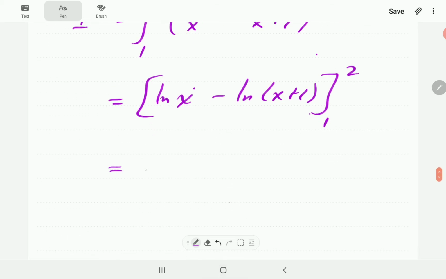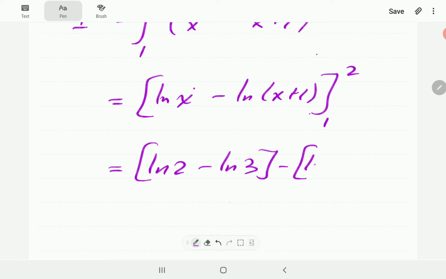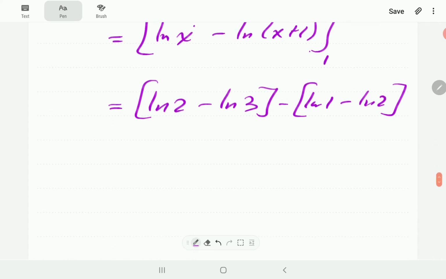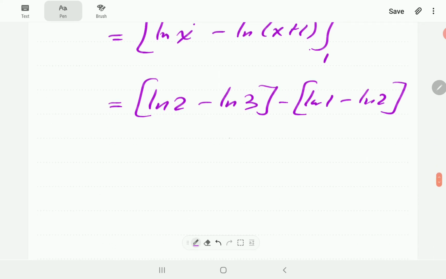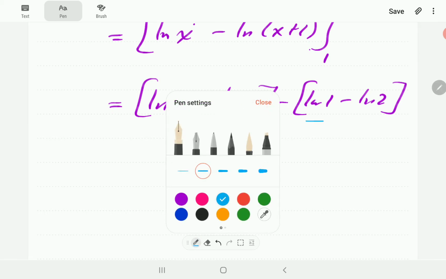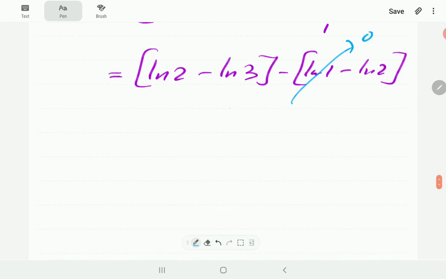If we plug in x is 2, this is going to be ln 2 minus ln 3. Then if we plug in x is 1, this is going to be ln 1 minus ln 2. Of course, ln 1 is 0, so this term is just going to be 0.